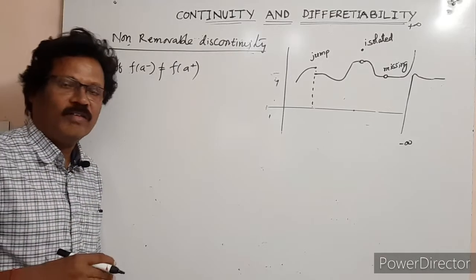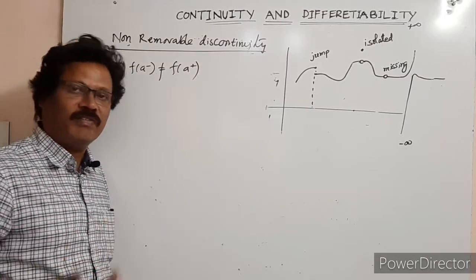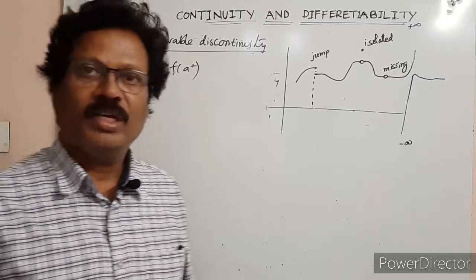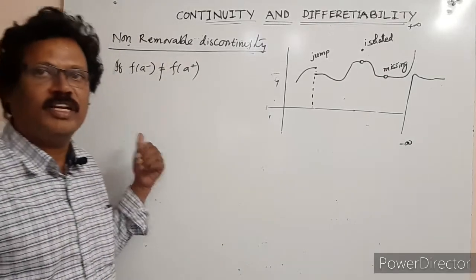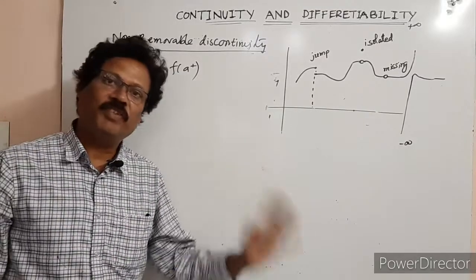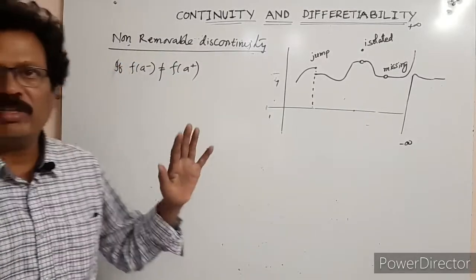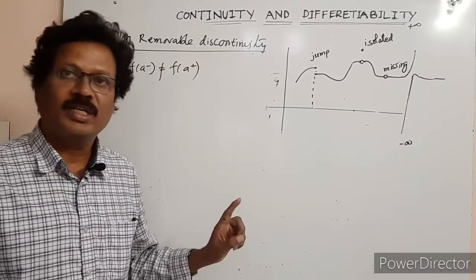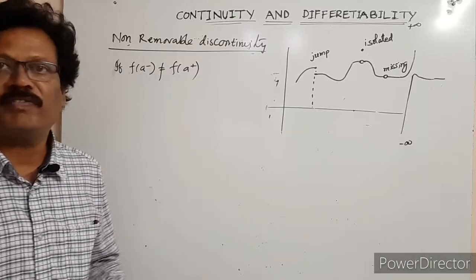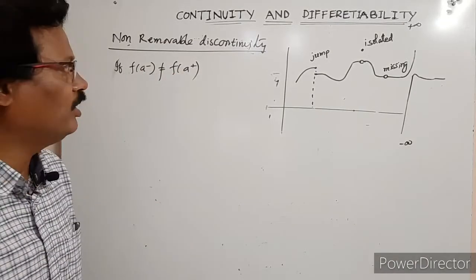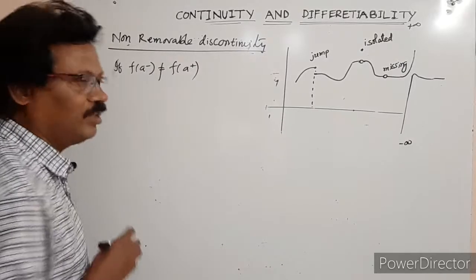We can redefine the function value f of a, but we can't redefine the limits. The limits will be fixed: f of a minus is fixed and f of a plus is fixed. We can't change the limits, but we can redefine f of a. Because the left limit is not equal to the right limit, this is called jump discontinuity.